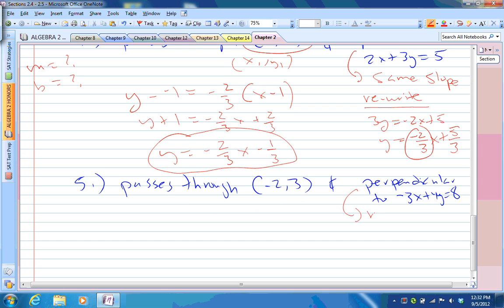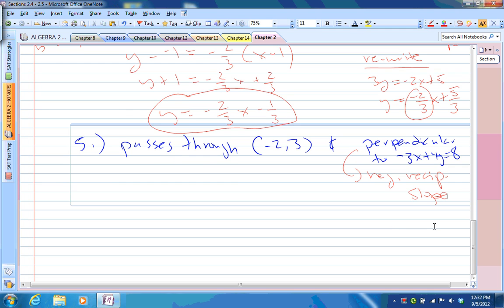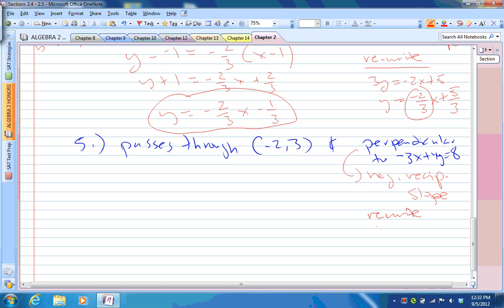Okay, for number 5. Perpendicular, remember, that means negative reciprocal slope. So again, we have to rewrite so we can get the slope for the line that we're perpendicular to. So y equals 3/4 x plus 2. However, we're going to use negative 4/3. Again, that's going to be x1 and y1.